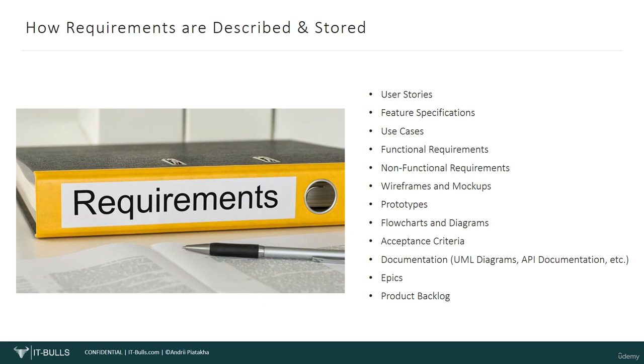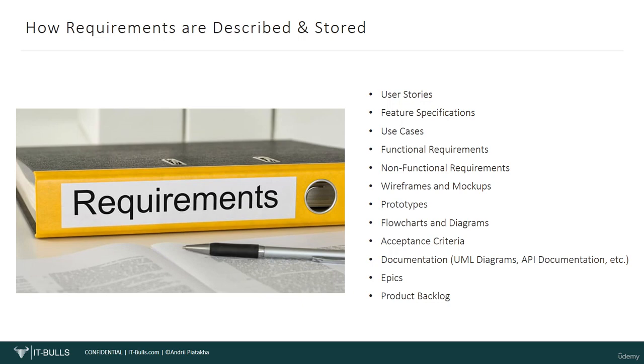Use cases. Use cases describe interactions between users and the system. They outline the steps a user takes to achieve a specific goal and describe how the system should respond in various scenarios. Functional requirements. Functional requirements describe what the software system should do. They specify specific behaviors, operations, and interactions the system must support.